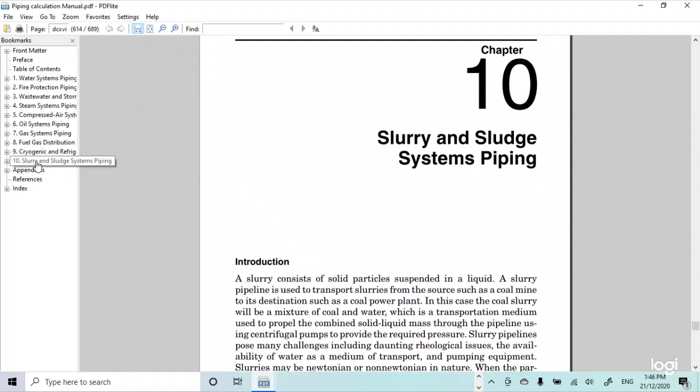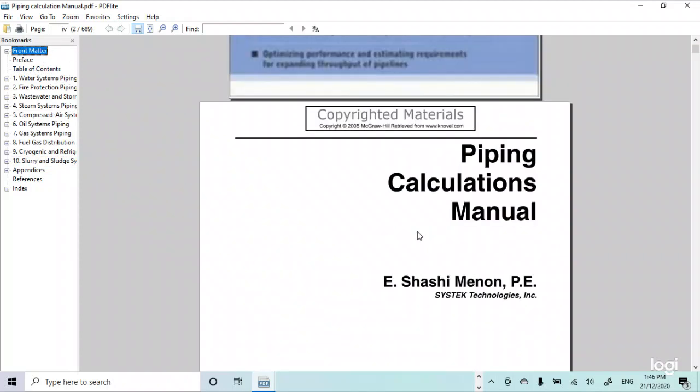In chapter 10 there will be slurry and sludge system piping. This textbook has to be utilized together with the technical paper.